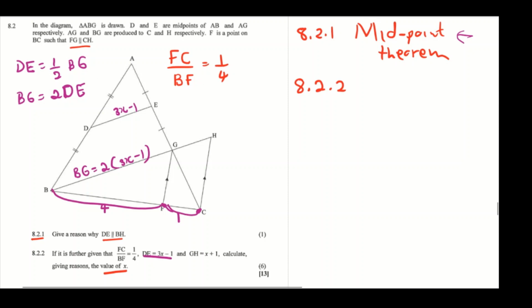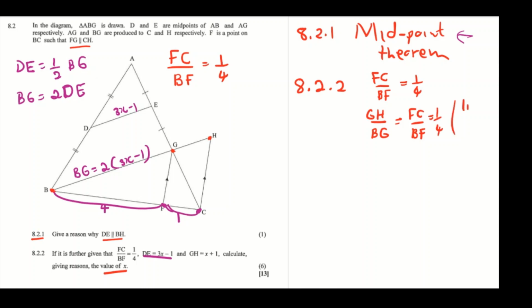Why am I busy doing this? We are trying to find this side here. Why? Because we already know the ratio of FC over BF, which is 1 over 4. We're trying to find the ratio of the other side, which is GH over BG. We know that the ratios are equal, right? The ratio of GH over BG is equal to the ratio of FC over BF, which is equal to 1 over 4.